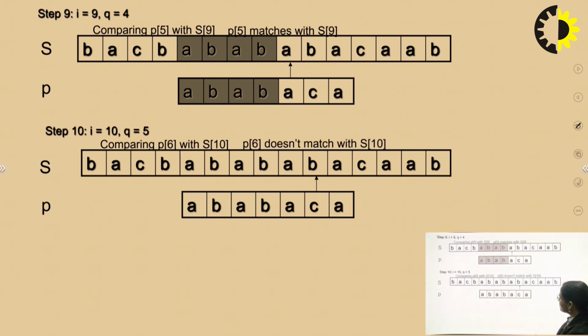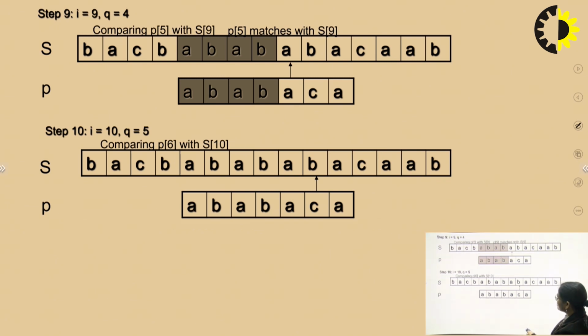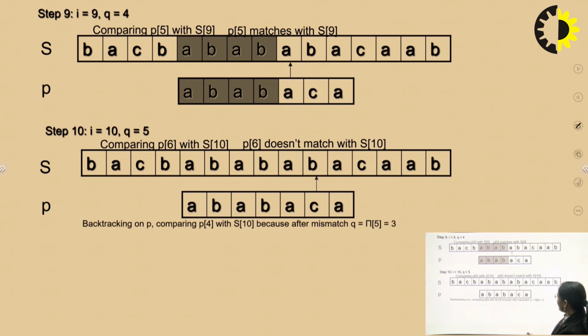So what we have to do, since p doesn't match with s10, we have to backtrack on p, comparing p4 with s10, because after the mismatch with q equal to 5, pi5 equals 3. Here we have to see our prefix function.